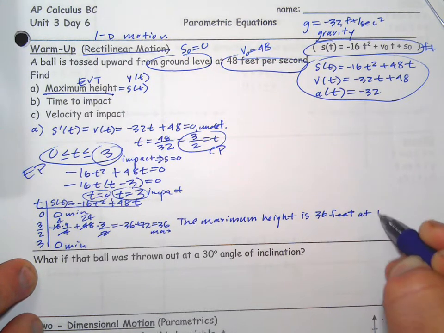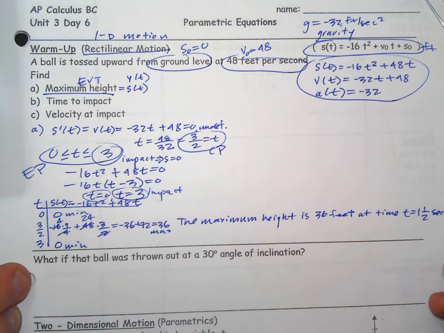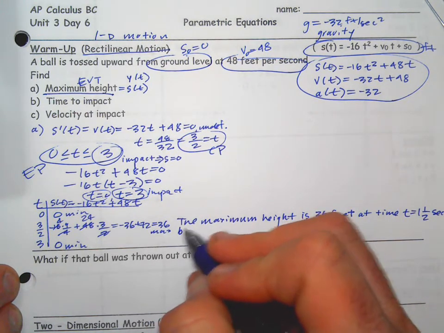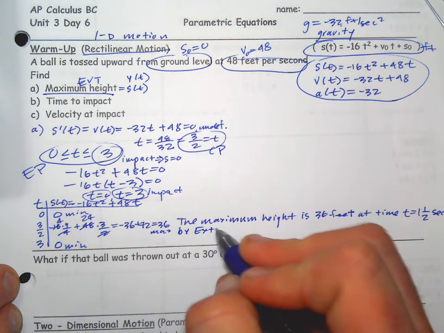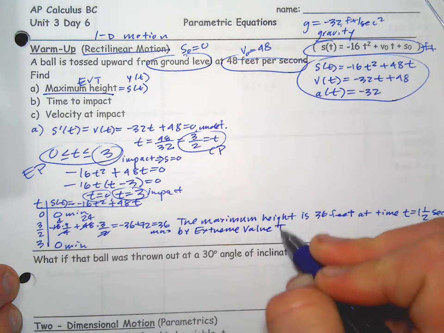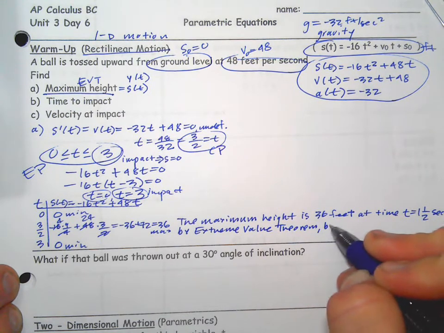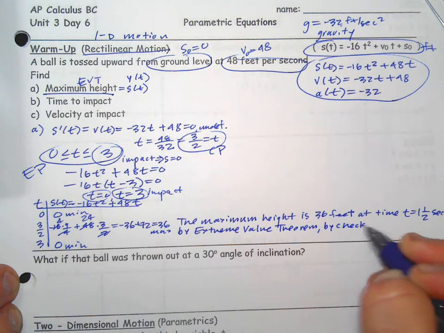At time t equals 1.5, 3 halves, whatever, seconds. Those are the units of time, by the extreme value theorem. Okay, that's the name of the theorem you use. So how does it work? By checking endpoints and critical points.